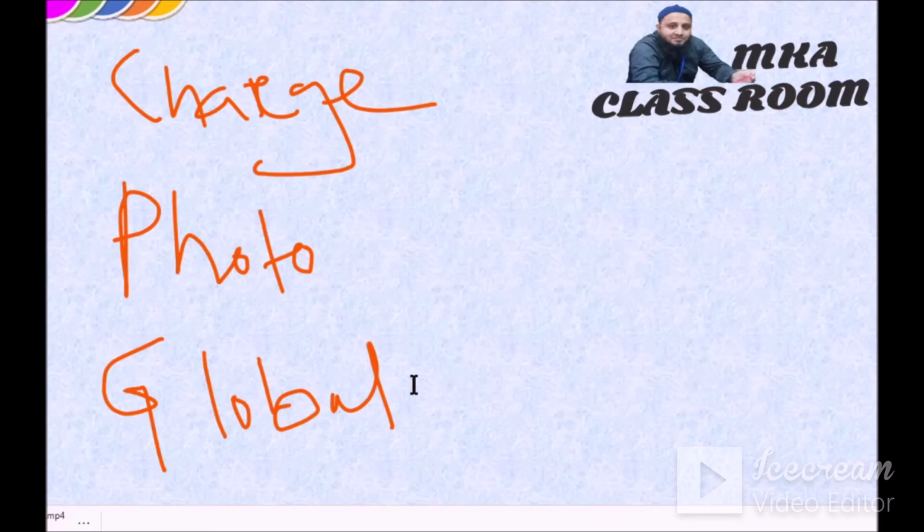Global cards, actually, are international cards used by business people who are traveling several times all over the world. They will use the global card, a single piece of plastic which they can show in any country to purchase or to make payment.